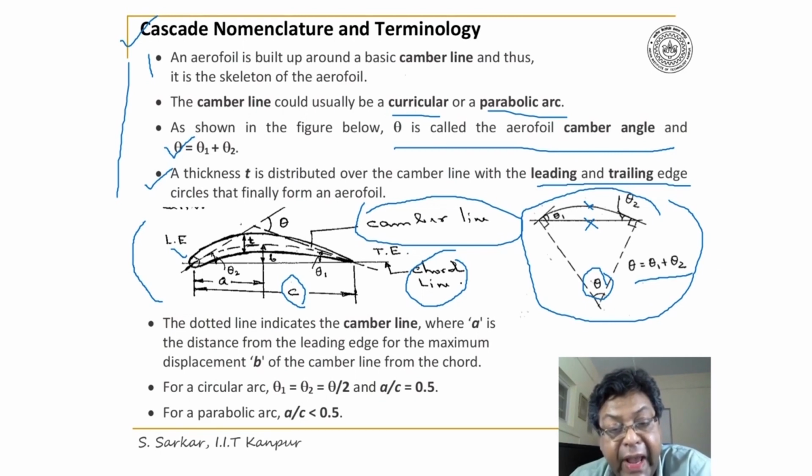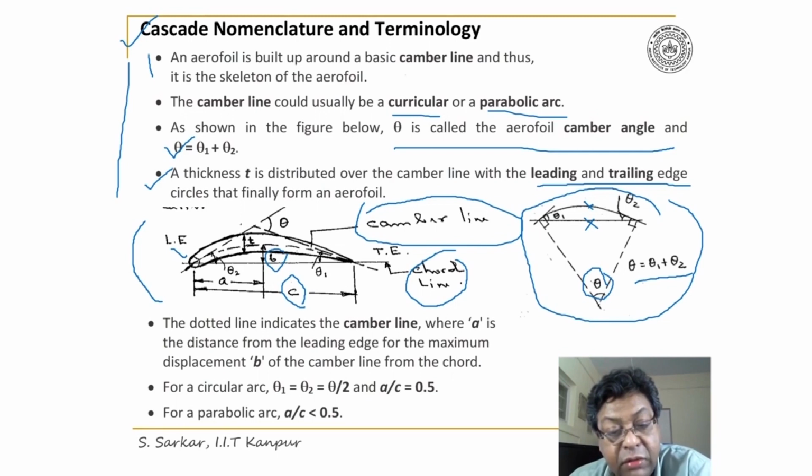Similarly, what is A and what is B? You see, B is the maximum departure of the camber line from the chord line, and A is the location where that maximum departure occurs. And A is measured from the leading edge center.